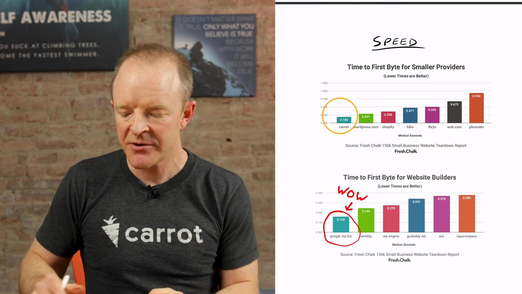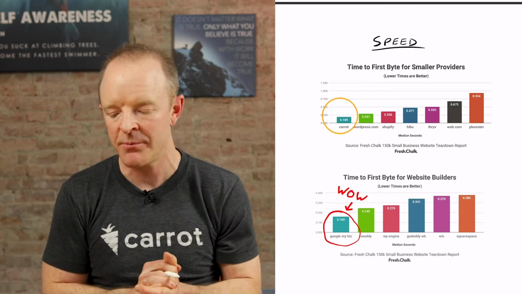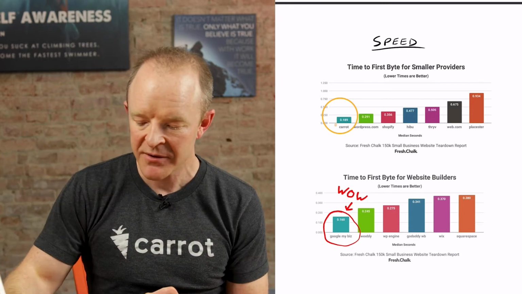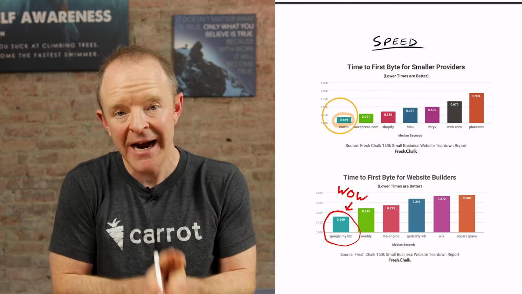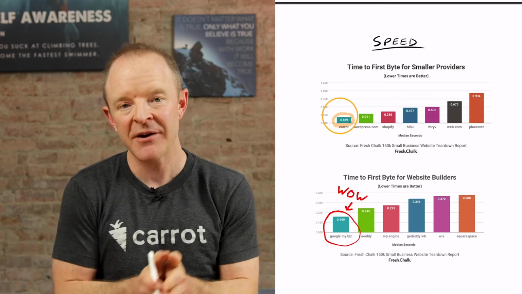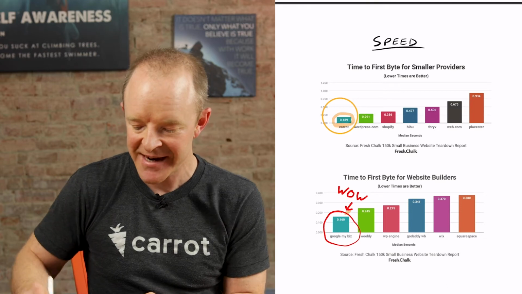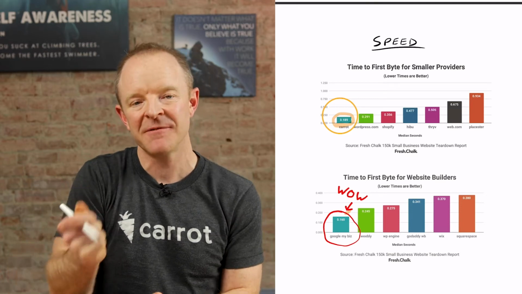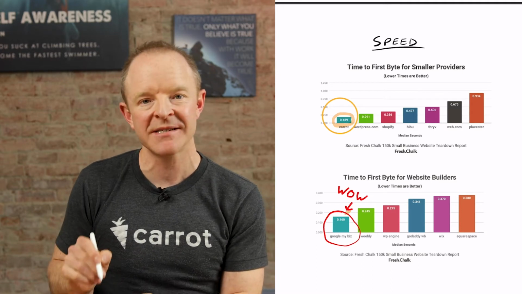But now let's pop up here to some of the smaller providers like Carrot. We're not a GoDaddy or a WordPress, right? But they found in their study that Carrot outperformed by page speed every other tool in the entire study, big providers and small providers, except for Google My Business, okay? If we look at this, guys, Google My Business's time to first byte, which is how fast it initially loads, is 0.16 seconds.